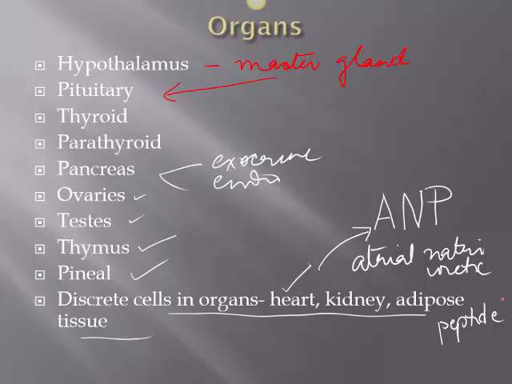As the name suggests, natrium, what does natrium tell you? Natrium is the symbol for one of the elements, it comes from the word natrium.